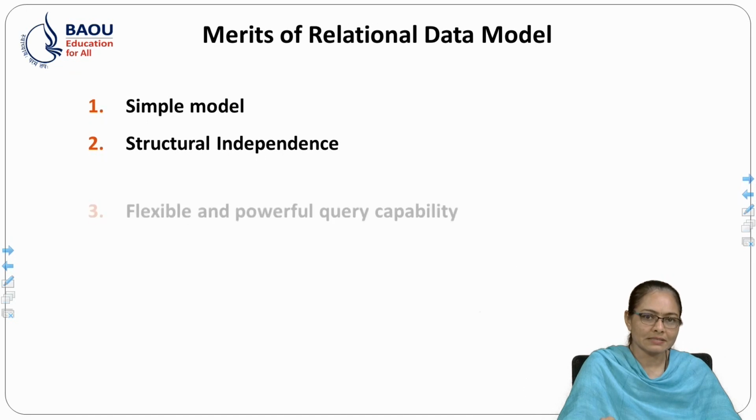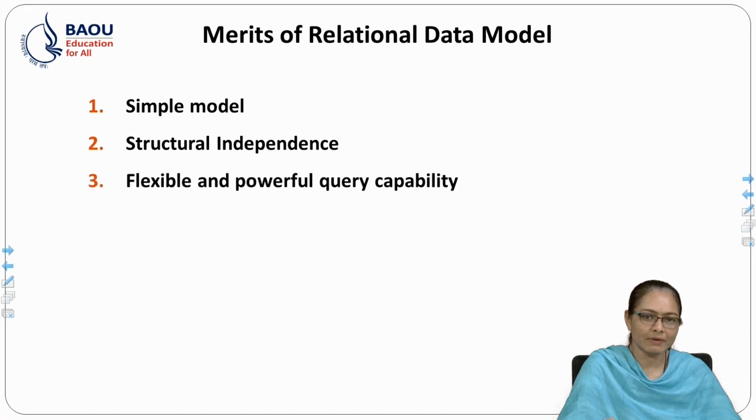Now the next is flexible and powerful query capabilities. The relational model is more flexible than any other data model present. SQL is an English-like language, so it is easy to execute the required data operations and manipulation. It provides very powerful, flexible and easy to use query facilities. Now the next is RDBMS support.